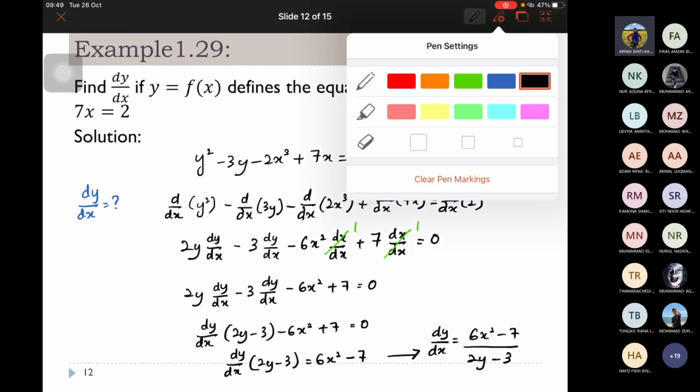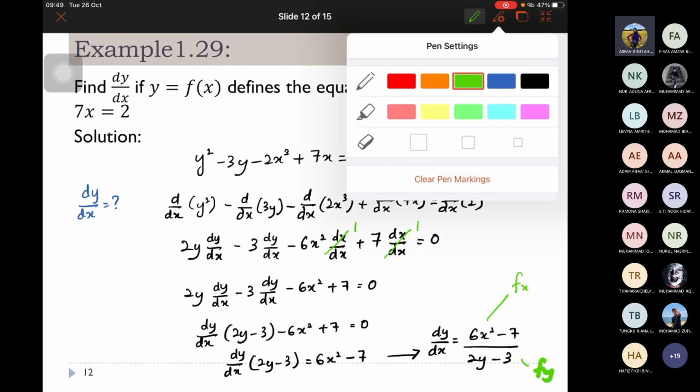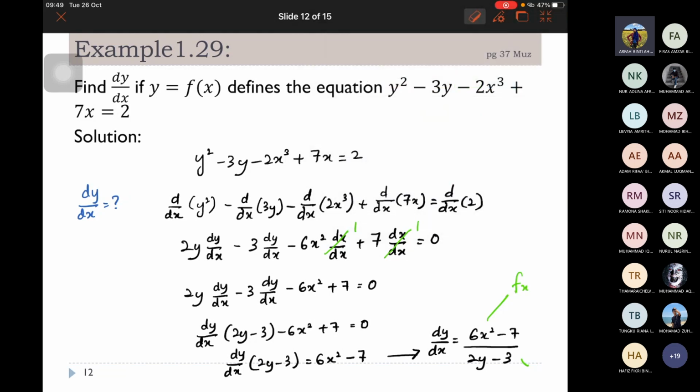Okay. So yang mana ini adalah partial derivative of the function terhadap x, dan ini adalah partial derivative of the function terhadap y. Okay, menggunakan formula tadi. So dapat. Ini dia punya apa nama dia?